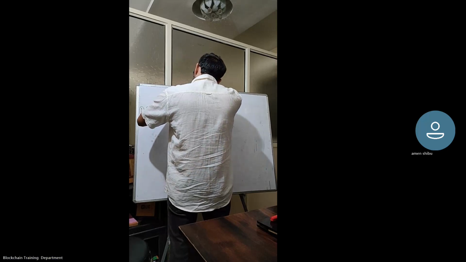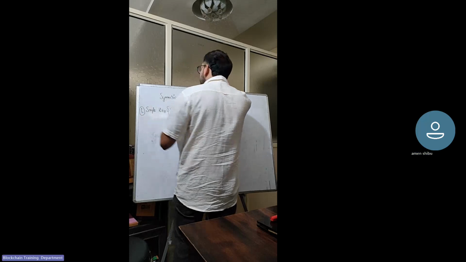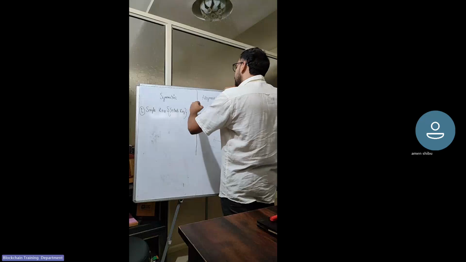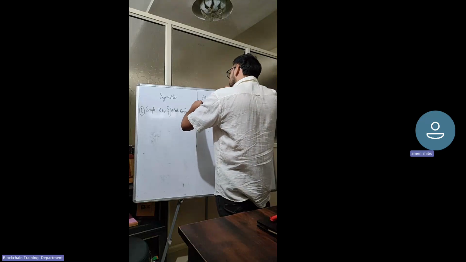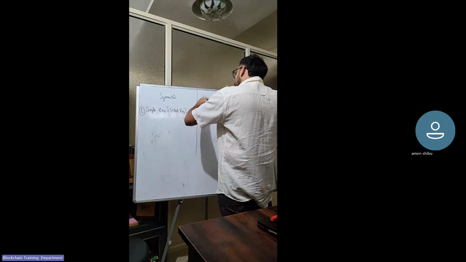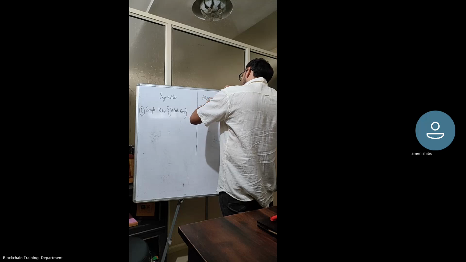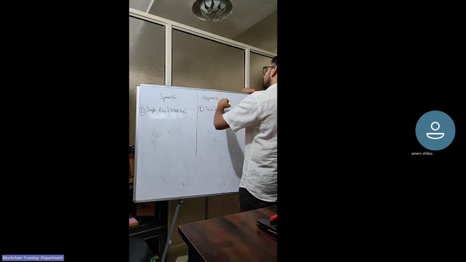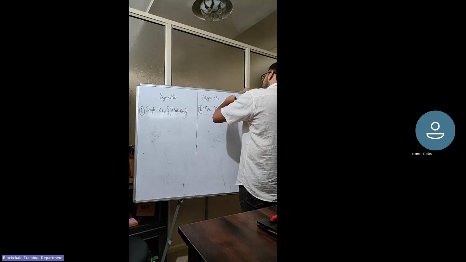Asymmetric has two keys, which are the public key and the private key.